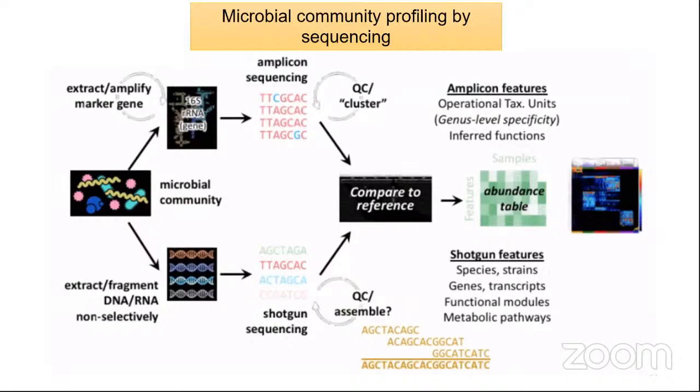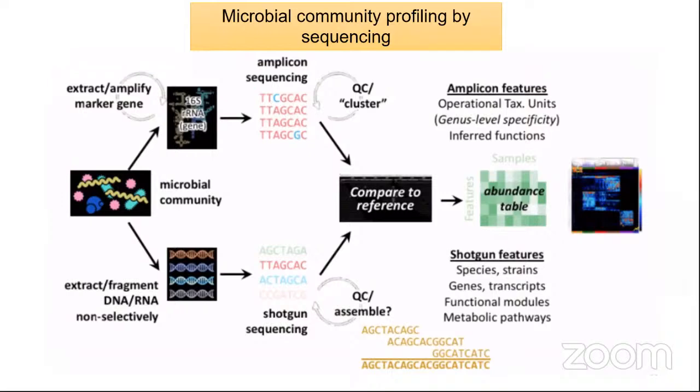These are the two approaches we generally take: one is amplicon sequencing, one is shotgun sequencing. If you have a microbial community and want to know only the operational taxonomic units or only genus level specificity, then you can go for 16S rRNA sequencing. But let me remind you, there will be a significant amount of amplification bias present in it.